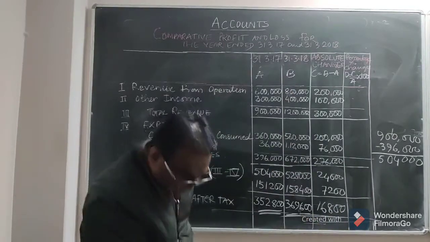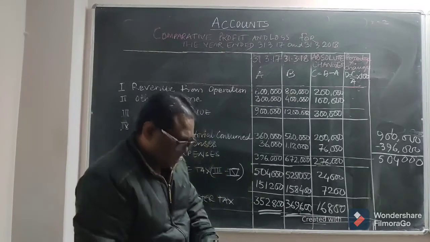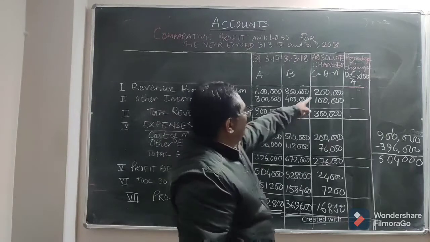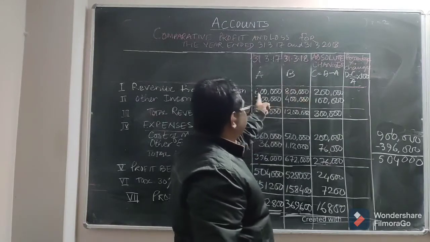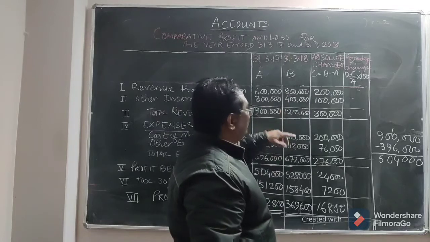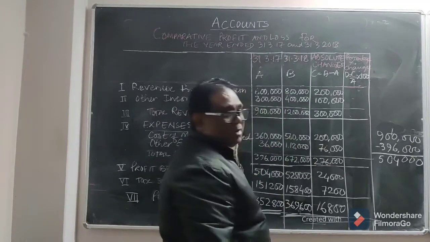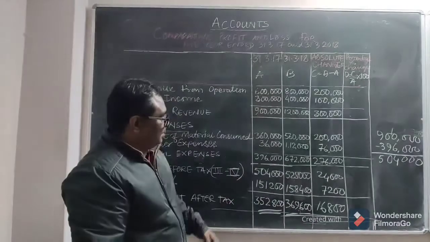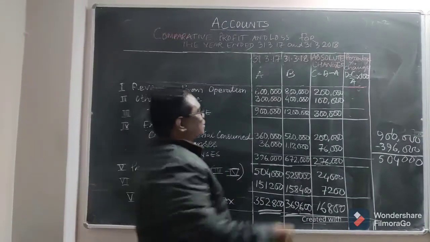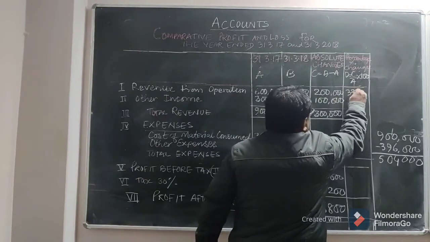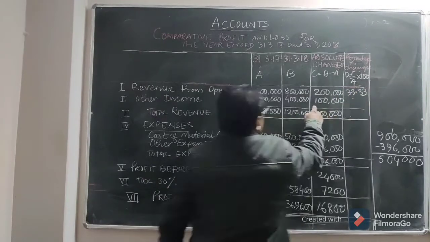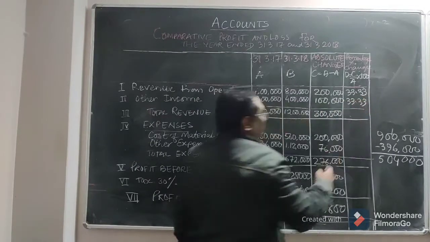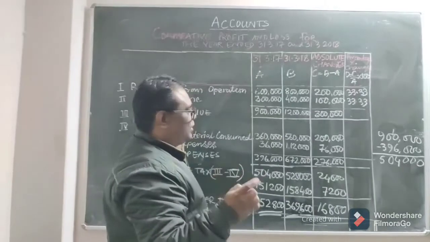Now we have ascertained column C, and we'll go for column D. First, 2 lakh divided by 6 lakh, that means 2 by 6, which is 1/3. 1/3 in terms of percentage is 33.33.